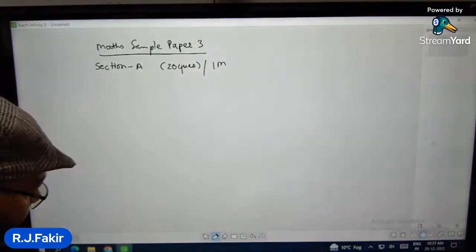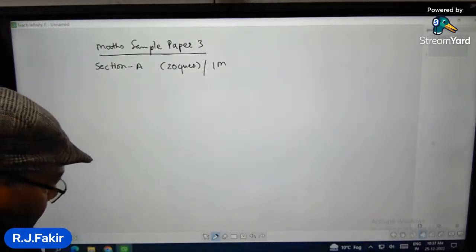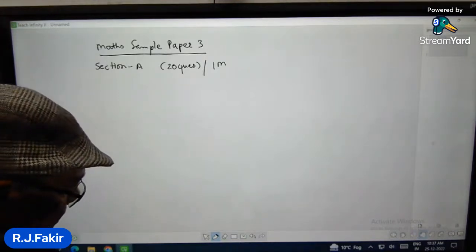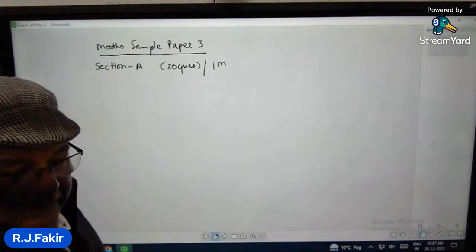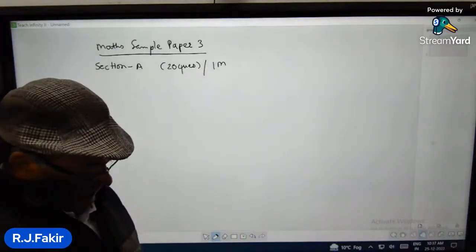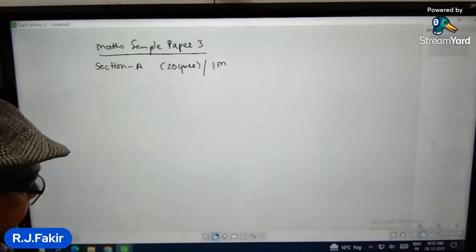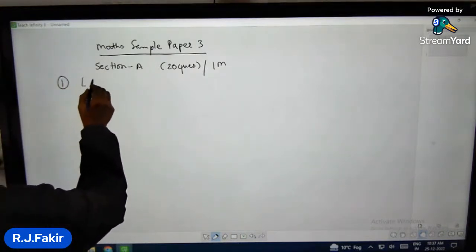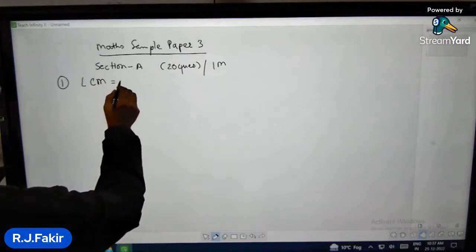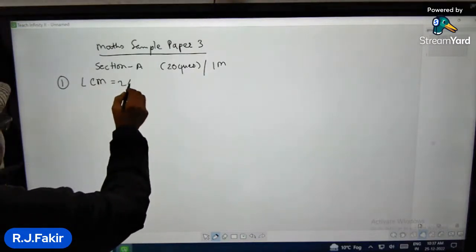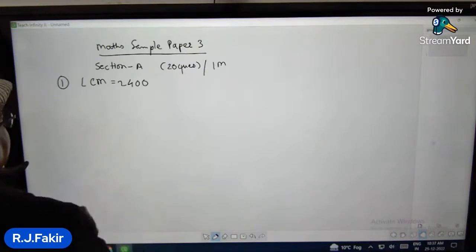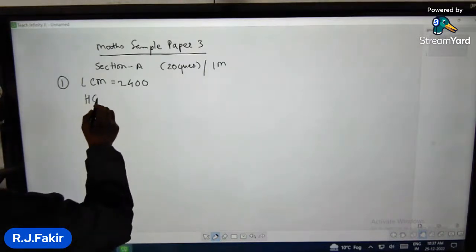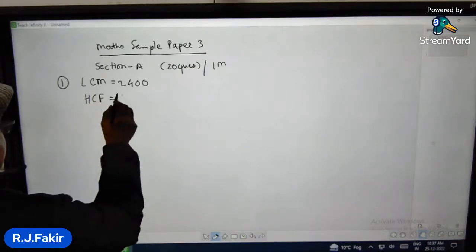The first one is, the LCM of two numbers is 2400. Which of the following cannot be their HCF? And 4 options are given. So given is the LCM, the question number 1. LCM given to us is 2400, and we have to say about the HCF.